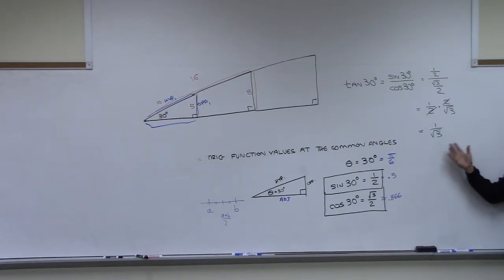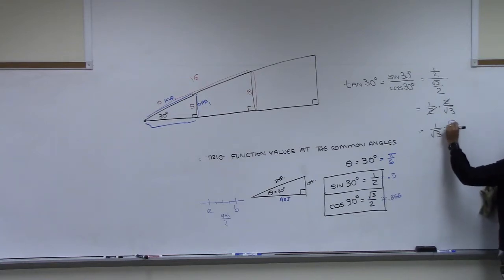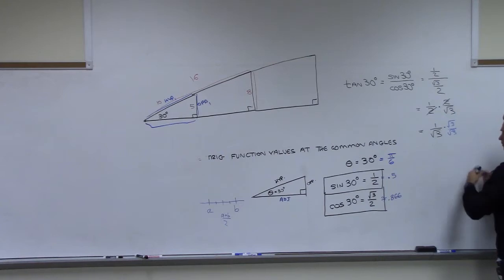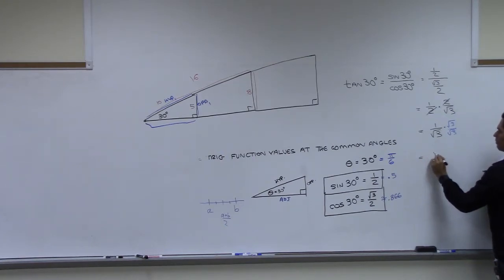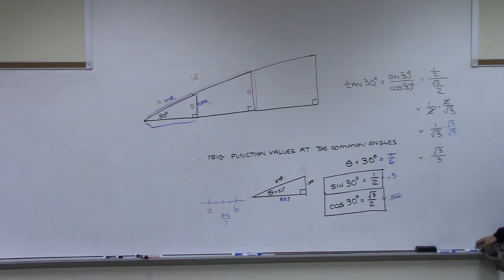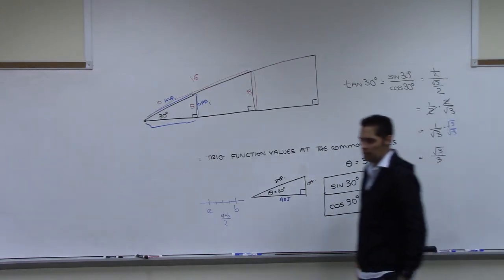That, however, is not the answer you'll see in the back of the book, because the back of the book is going to rationalize this. And although I told you last class I don't require you to, you should be familiar with what its value looks like at 30 degrees, since this is a common angle. So I am going to rationalize it: root 3 over 3. That okay?